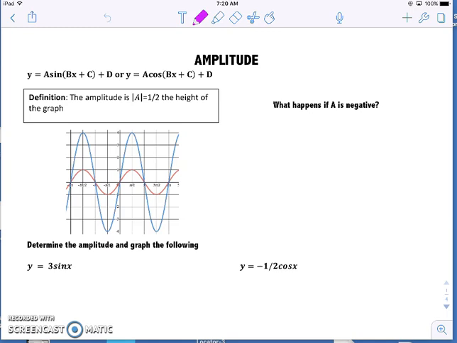So if we look at this one here, this blue one, our amplitude is 4, whereas our amplitude is 1 there. If it's negative, we talked about the graph reflects over the x-axis.